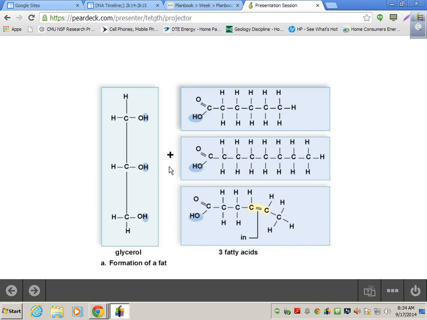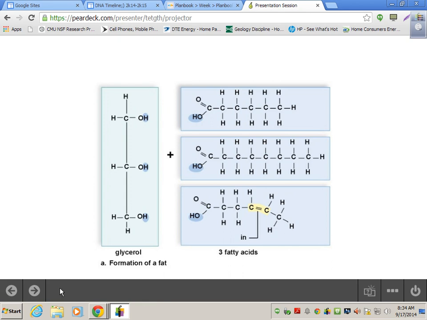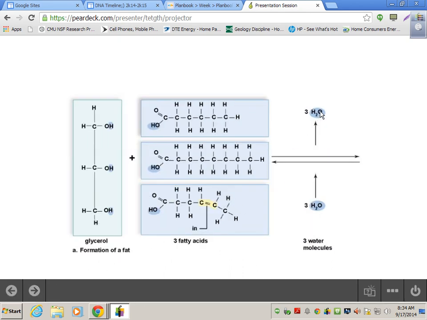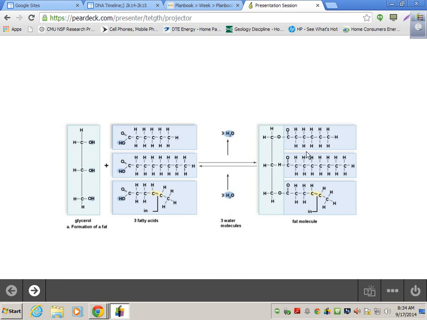If this happens 3 times, how many water molecules am I going to make? 3, but we don't care about how many, really. We just say water's made, and there's 3 fatty acids. It must be a triglyceride. So if this happens, I make water, dehydration synthesis, and in the end, I'm going to end up with my triglyceride.